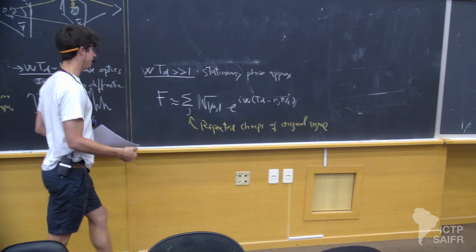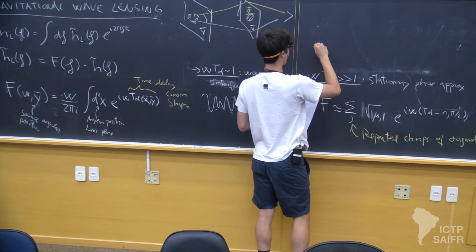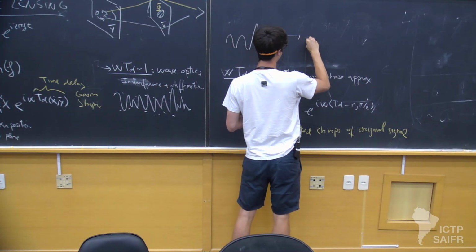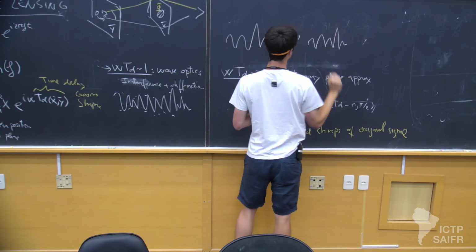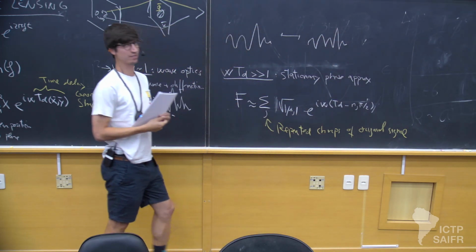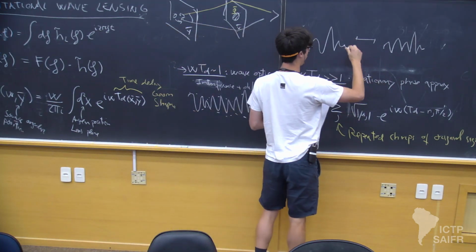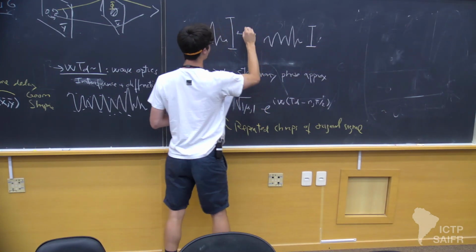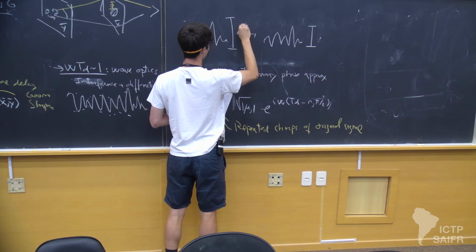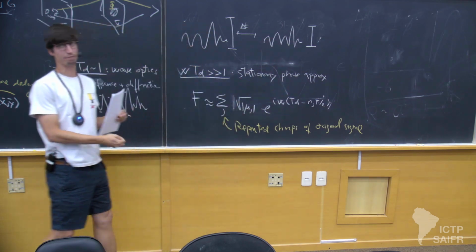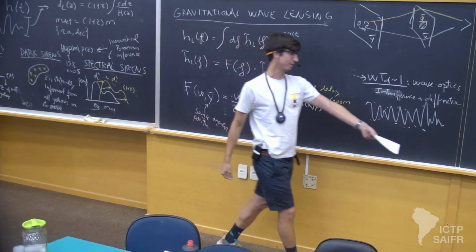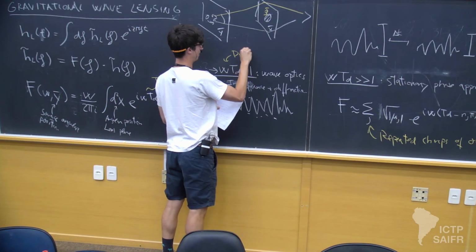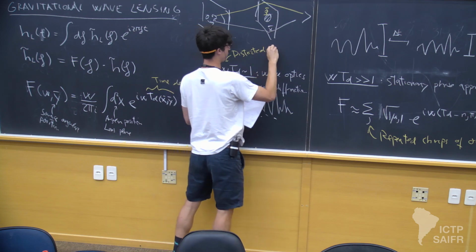So in our detector, we will detect one signal, and some time delay later, we will detect another signal that should have the same frequency evolution, but may have a different amplitude, and they are separated by some time delay, and they may have a different phase. So here we have repeated chirps, and here we have distorted waveforms.